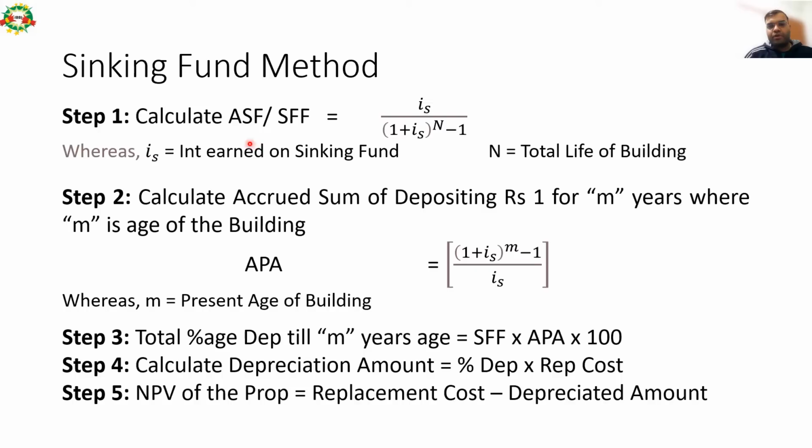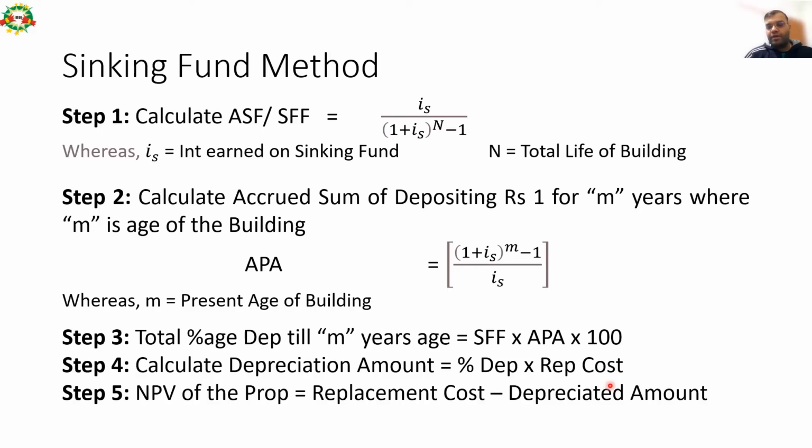So this is the formula for the sinking fund method for calculation of depreciation and depreciated cost, the concept we discussed in the last session. As per this method, first we have to calculate SFF, the sinking fund factor, then APA we have to calculate for the age of the building, and then total percentage depreciation, which is equal to SFF into APA into 100.